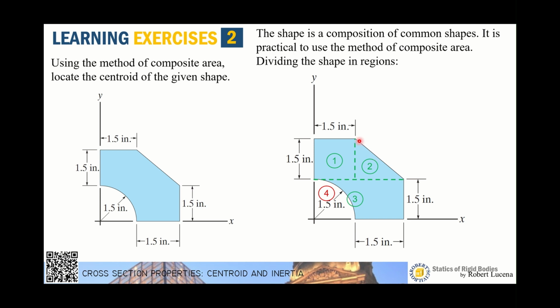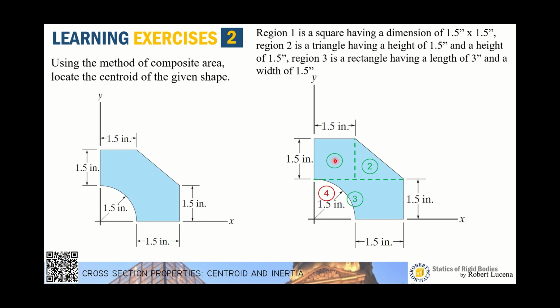The essence of using this is that you have to know where the centroid of the common shapes is, because the moment area is simply the area times the lever arm of the common shape. So area 1 times lever arm of 1, area 2 times lever arm of 2, area 3 times lever arm of 3. If you do not know the lever arm, the location of the centroid, it will be hard for you to get the answer, and not just hard, but erroneous.